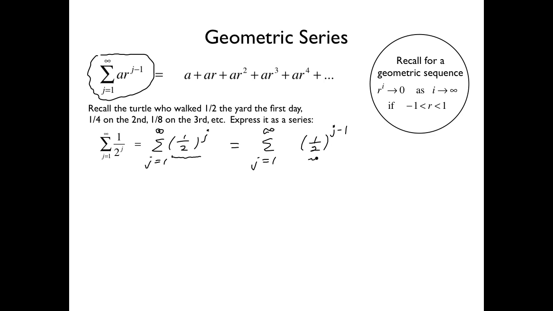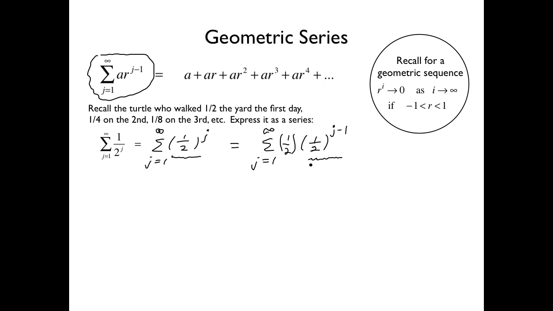This means how many 1/2s compared to that many? One less. So if I want to get j, I need one more 1/2 multiplied out here in front. Do you see it? I've just rewritten it in a different way, but I still have j number of 1/2s multiplied together. Do you see it? Okay, now does it fit the form?